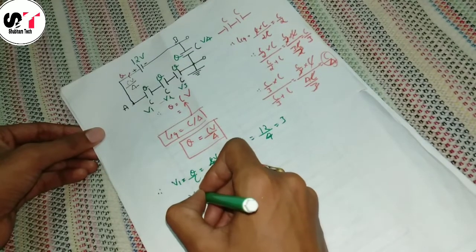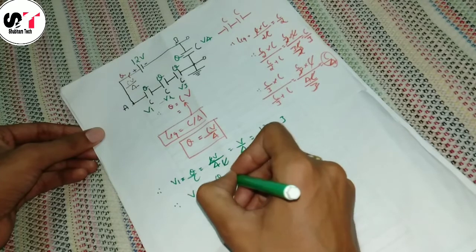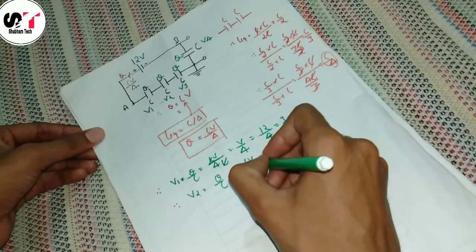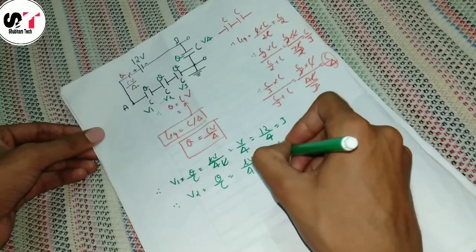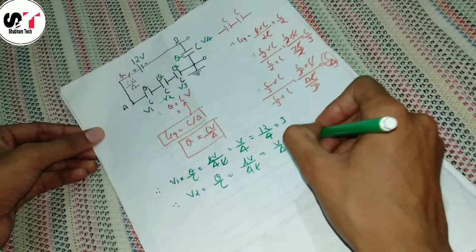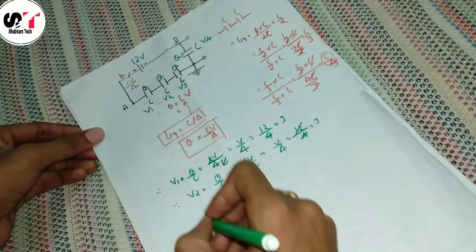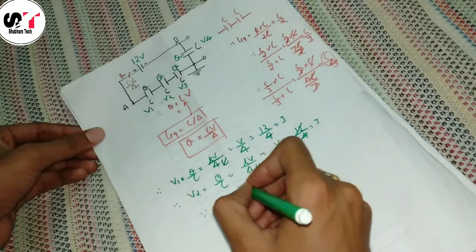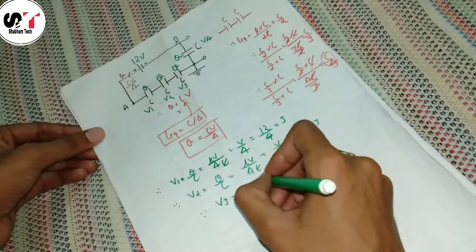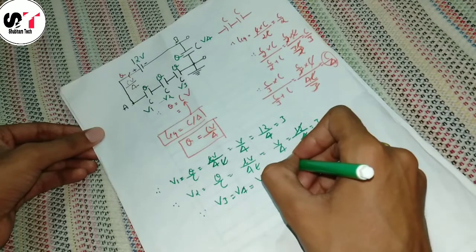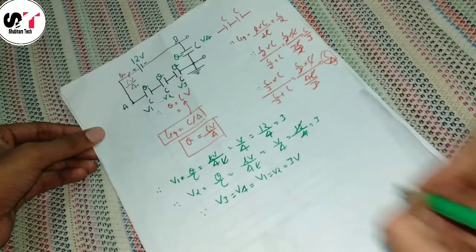Similarly V2 is Q by C, means value of Q is CV by 4. C cancel out, V by 4. Value of V is 12, means 3 volt. Okay, similarly V3 and V4 equal to V1 and V2. All the voltages have value 3 volt.